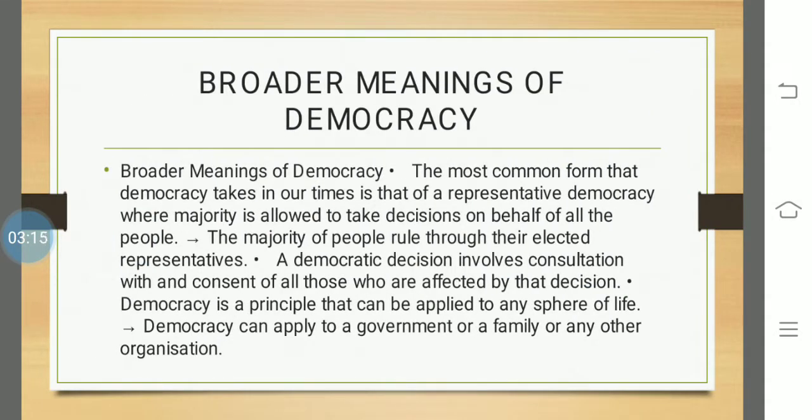So what happens in representative democracy, where the majority is allowed to take decisions on behalf of all the people. Okay, a group of leaders will be chosen, and those leaders are your representatives, and they will take decisions on behalf of the people. Because actually, what is democracy? People's rule, but people, they okay.